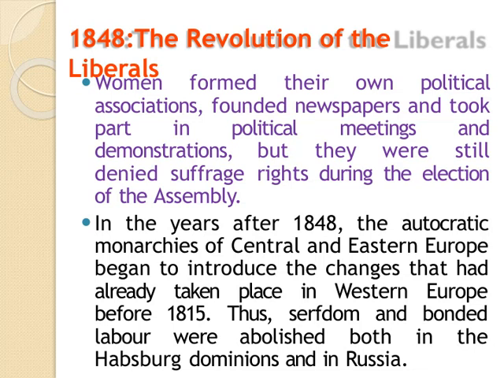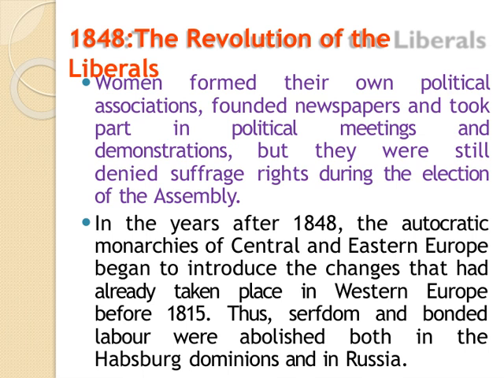Women formed their own political associations, founded newspapers, and took part in political meetings and demonstrations. However, despite their active involvement, they were still denied suffrage rights during the election of the Assembly. This highlights the ongoing struggle for women's political rights during this period.